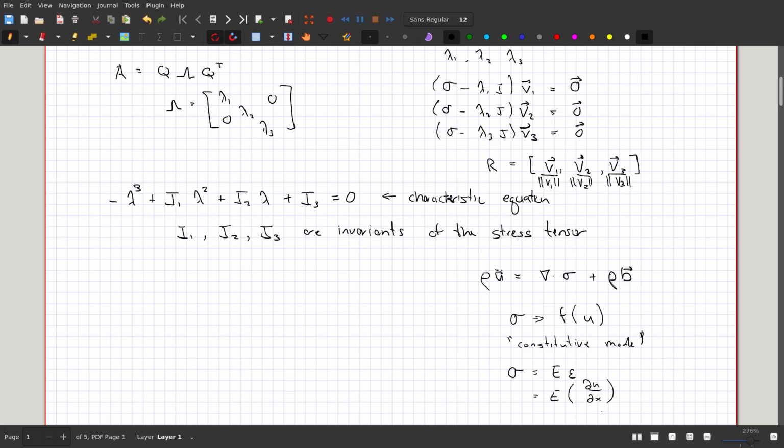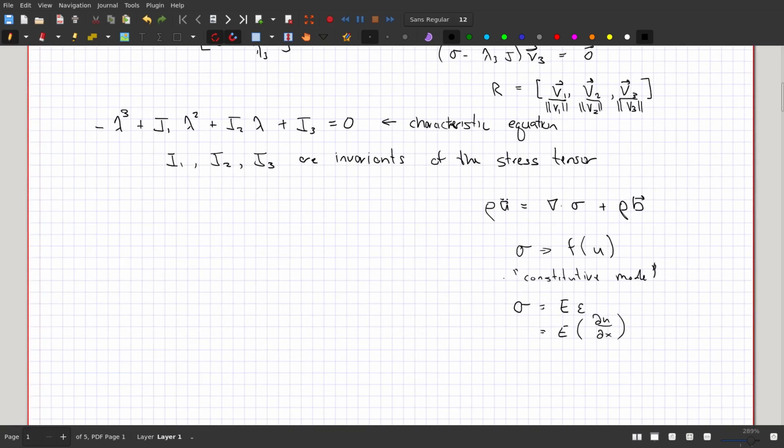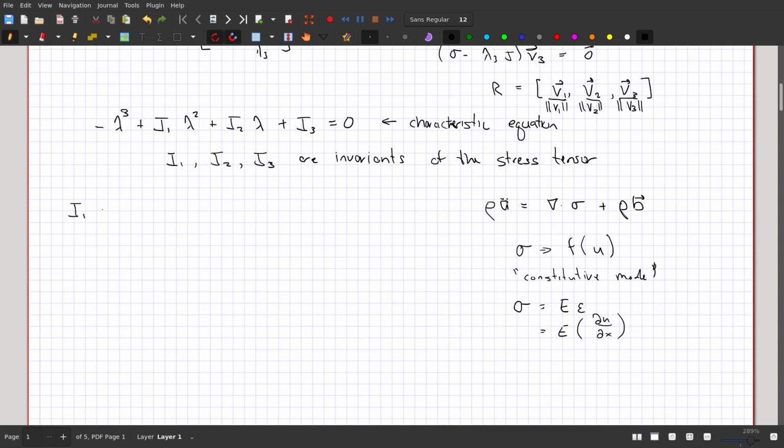So what are the invariants? I1 is equal to the trace of sigma, and in index notation, that is sigma ii.